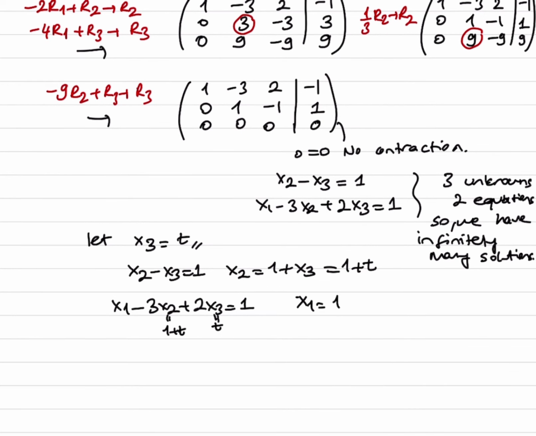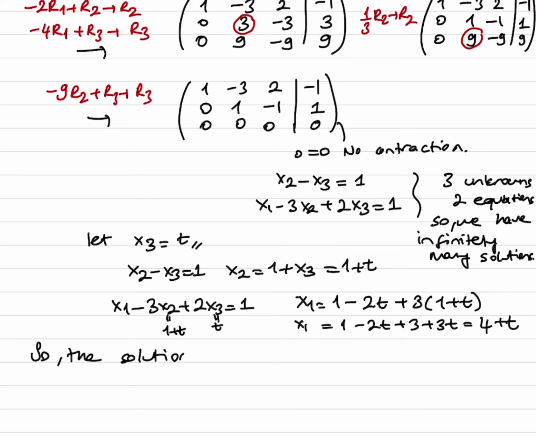So x1 is equal to 1 minus 2t plus 3 times 1 plus t. If we simplify this, 3 plus 3t, so x1 is 4 plus t. So the solutions are of this form: x1 is 4 plus t, x2 is 1 plus t, and x3 is equal to t.